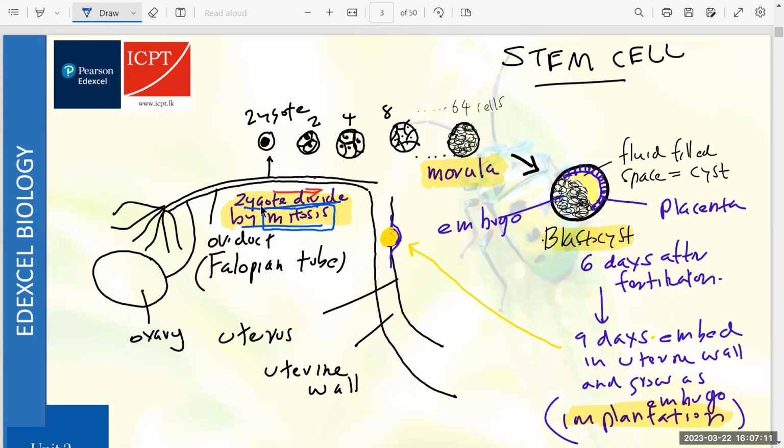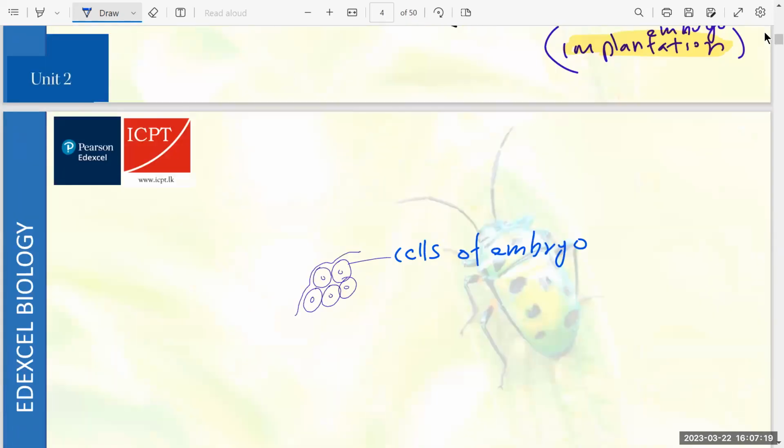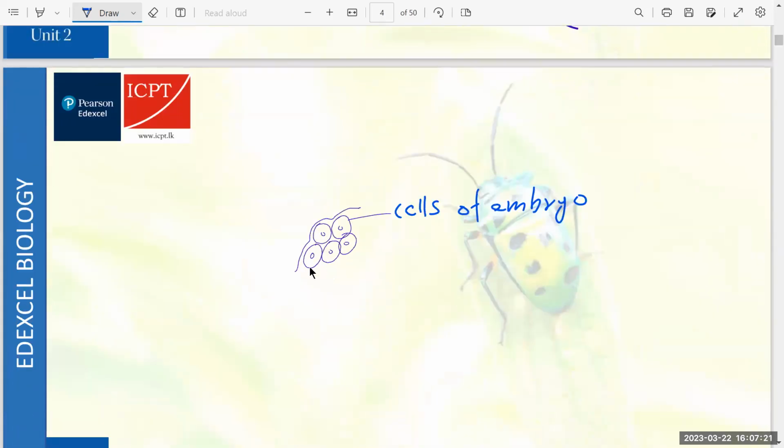According to that, consider this cell, and this cell can divide to make genetically identical two cells.